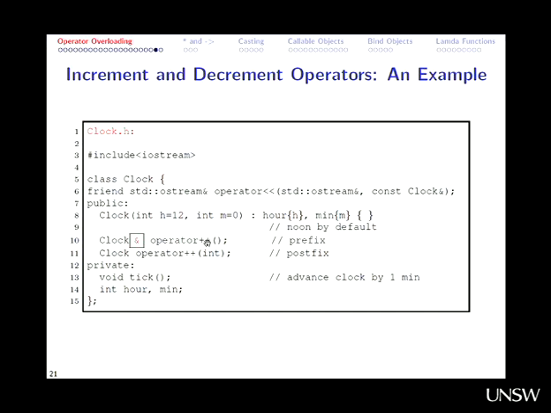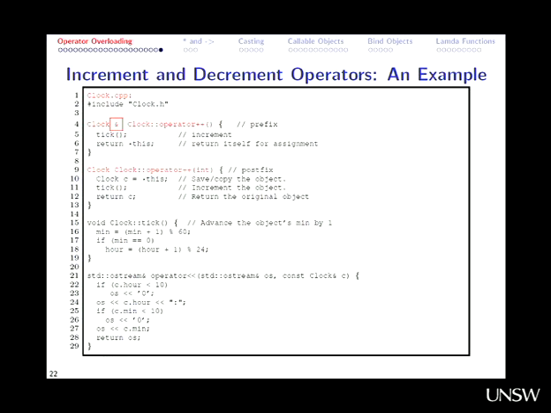The reason why these work as overloaded types is not because of the return types. It's because of the arguments coming in. A postfix takes in an argument of an int. In terms of how these might actually be implemented, for the prefix, the plus plus simply calls this tick function that ticks the clock across. It returns a reference to itself.